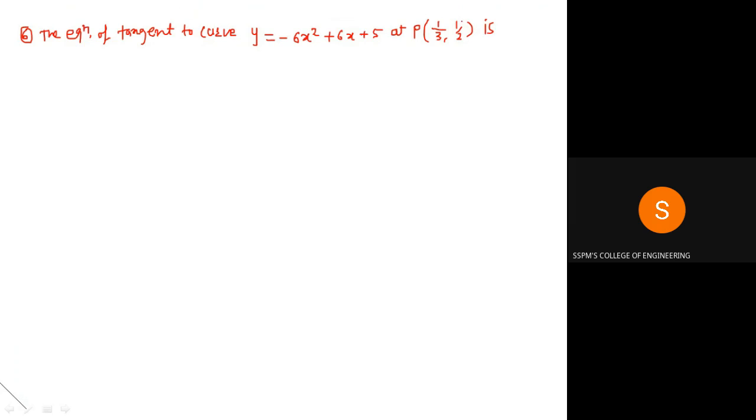So in this example, we need to find the equation of the tangent to the curve at the point (1 by 3, 1 by 2).